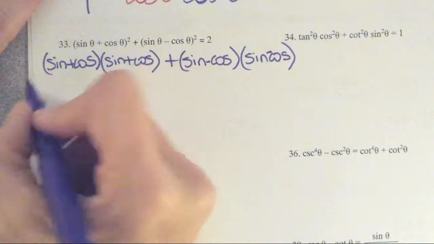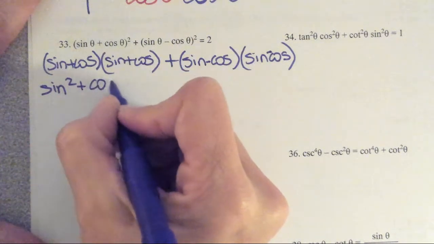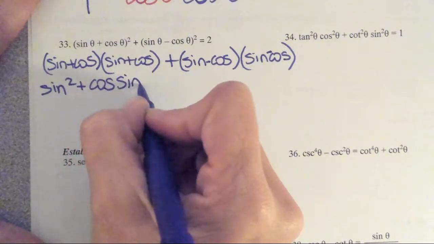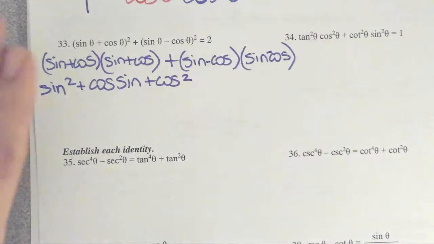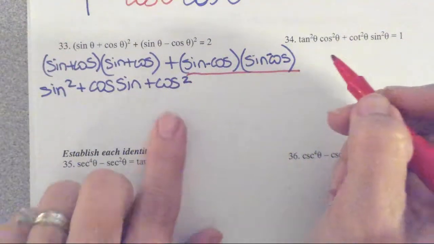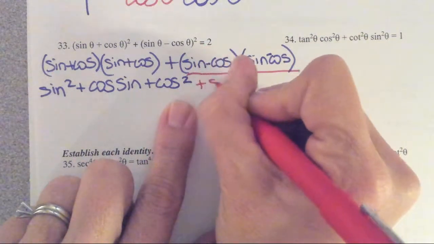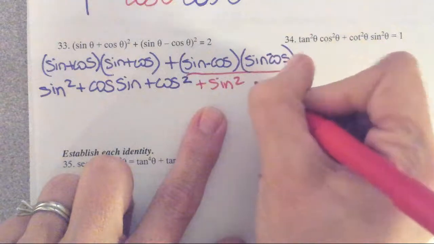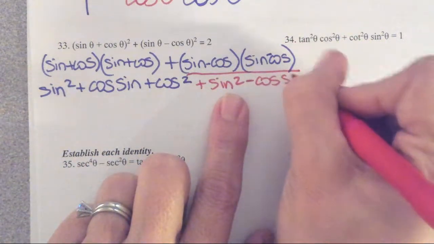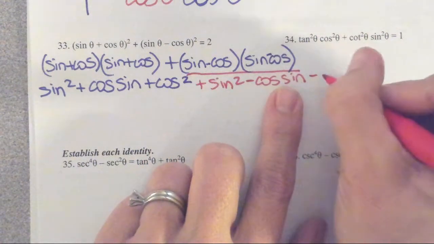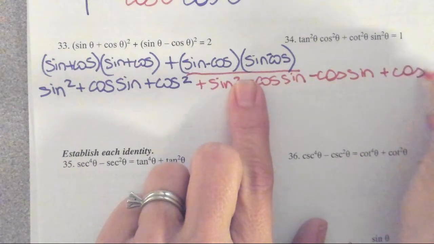If I FOIL the first one, I get sine squared plus cosine sine plus cosine squared. I'm going to FOIL the second one. I get sine squared minus cosine sine minus cosine sine plus cosine squared.